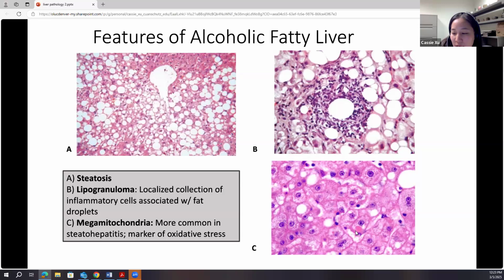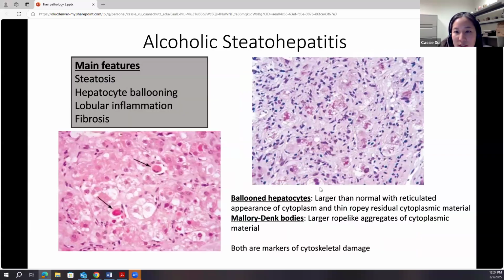These are pink inclusions, kind of like our alpha-1 antitrypsin globules, but they're not typically in the areas of fat, typically zone 3 to begin with, and you won't see them on PAS-D stain. This is more common in steatohepatitis or people with a history of heavy drinking, and it's just a marker of oxidative stress. I know that not all pathologists will note this in their microscopic description, but it's something they might see in alcohol fatty liver disease.